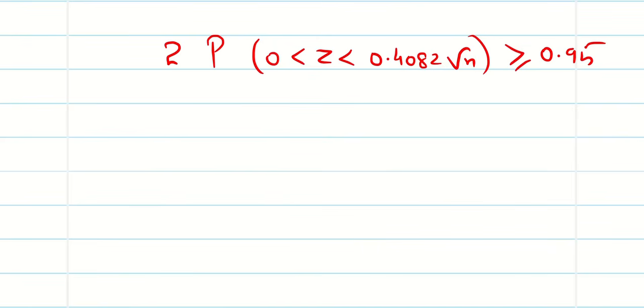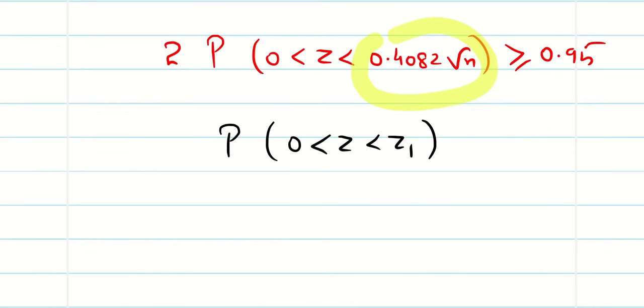So I want to find my n. I will take this part as some value. Okay, I think we did the same thing in unit 2. So I will take it as z1. Now this 2 will go to the other side, and we get 0.475. So now the area is given.